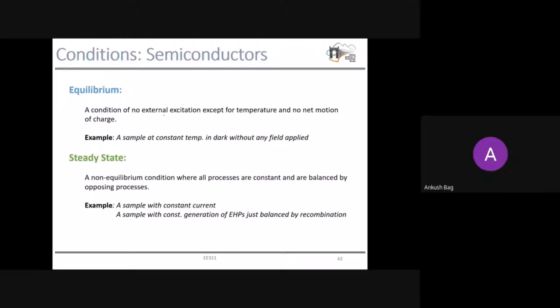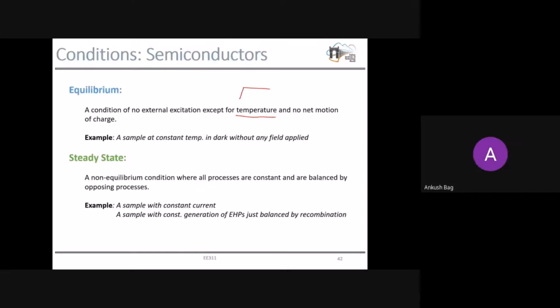In equilibrium, by definition, there is a condition of no external excitation except the temperature, that is, no external energy perturbation.